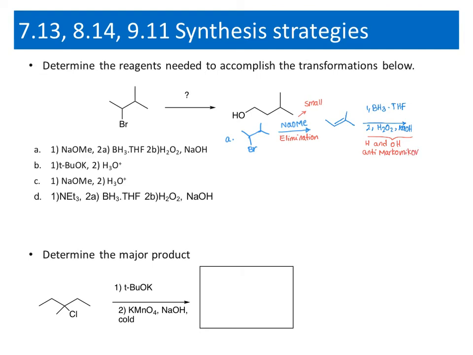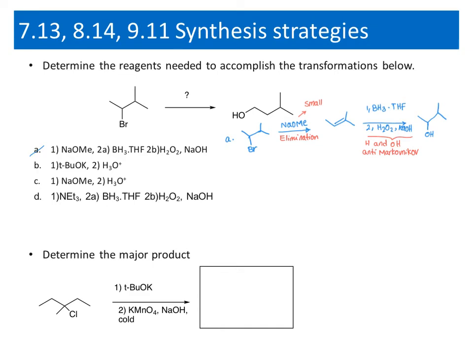Meaning that in anti-Markovnikov fashion, OH should add to the less substituted carbon and hydrogen to the more substituted one. So we are going to form this product. Now this product does not match our desired product, so this option is out.